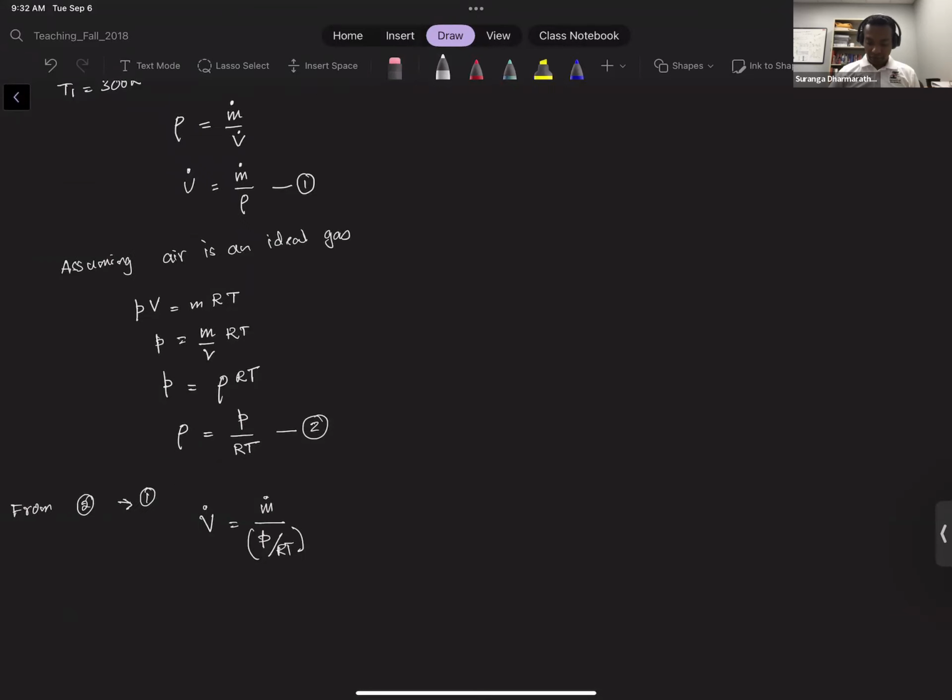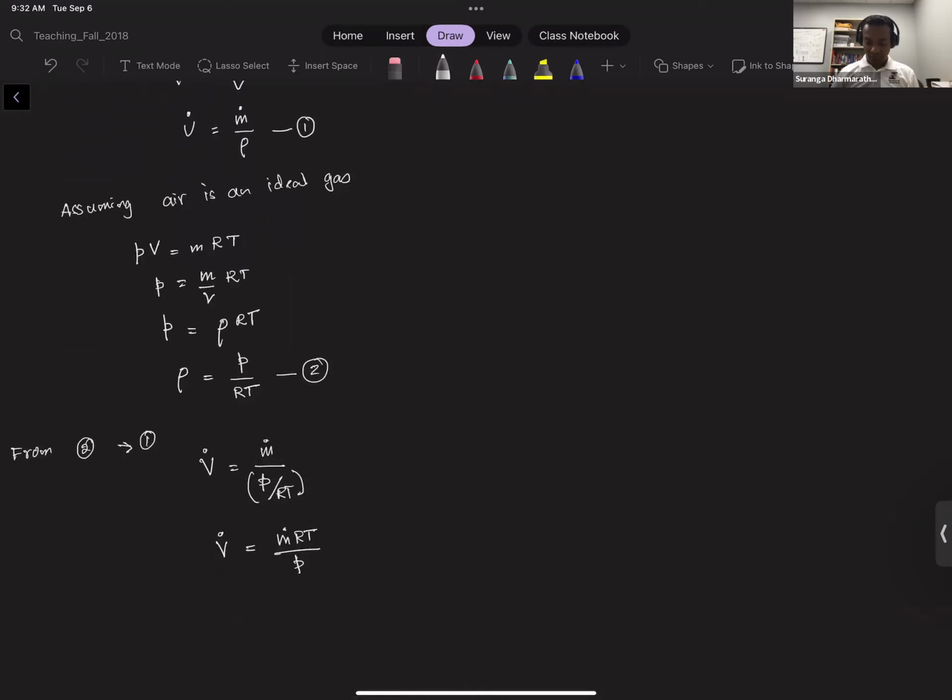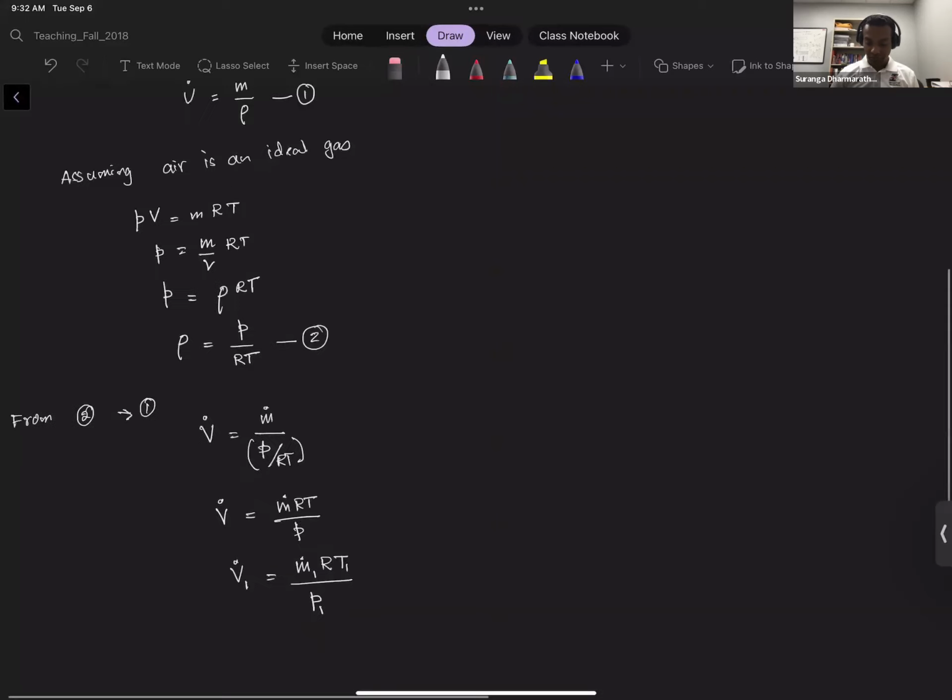And you can actually take RT into the numerator: m dot RT divided by P. That's your V dot. m dot is given as 0.5, so we need to find V dot 1, that's at the inlet: m dot RT1 divided by P1. I didn't put a subscript on R because R is constant.